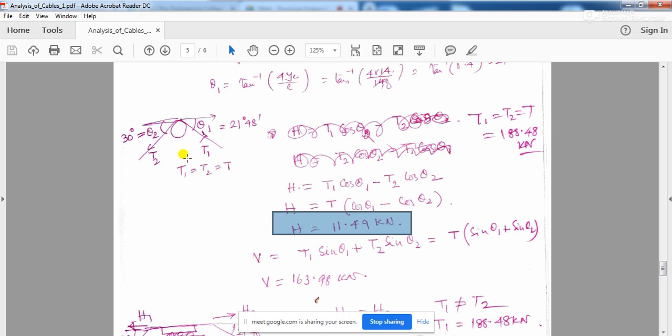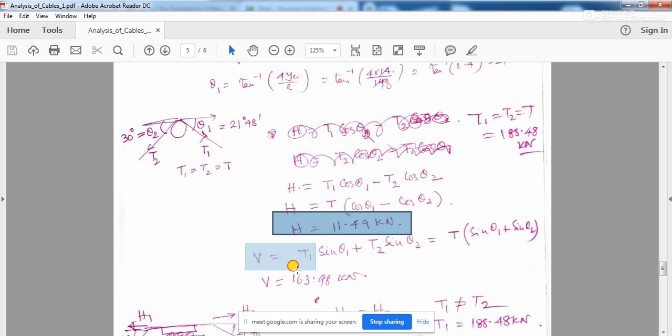You see, in case of the vertical component of forces, this T1 is acting in this direction, this T2 is acting in this direction. So if you resolve it in the downward vertical direction, T1 sin theta 1 will come downward, as well as T2 sin theta 2 will come in the downward direction.